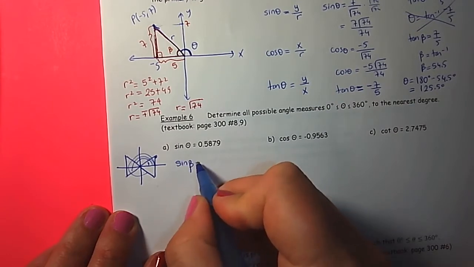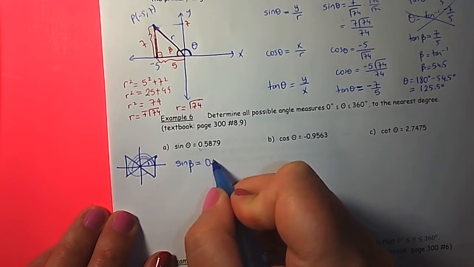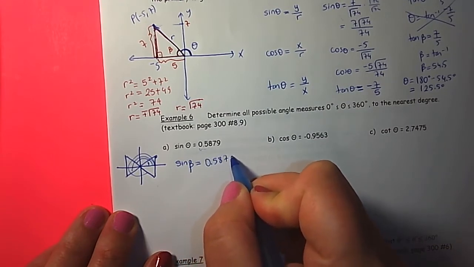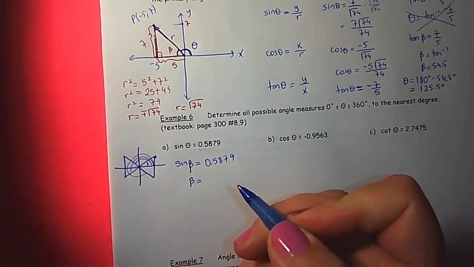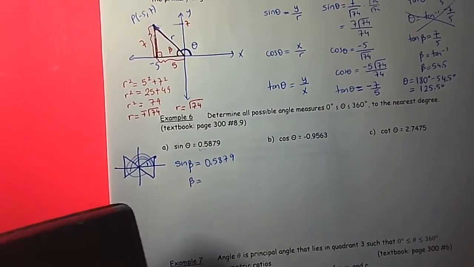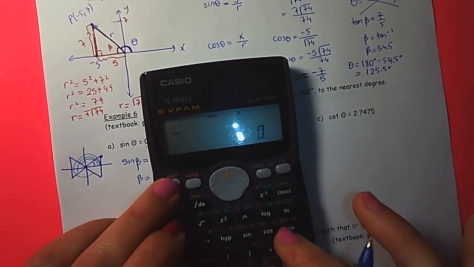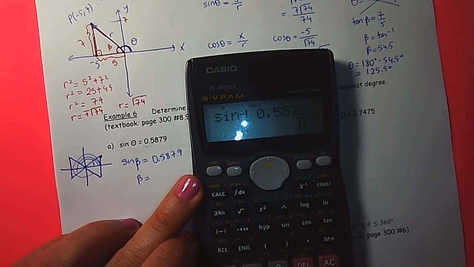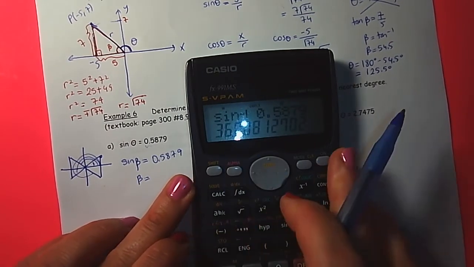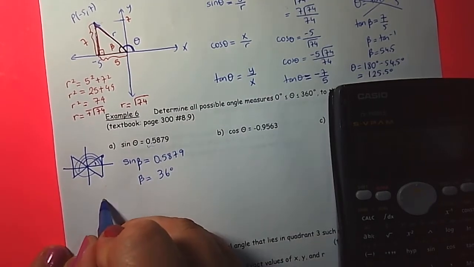When you're writing the ratio for beta, you use the same number, but you always make it positive if it is negative. Then we can use sine inverse to get the related acute angle. So sine inverse 0.5879 gives us 36 degrees. So beta is 36 degrees, not theta.